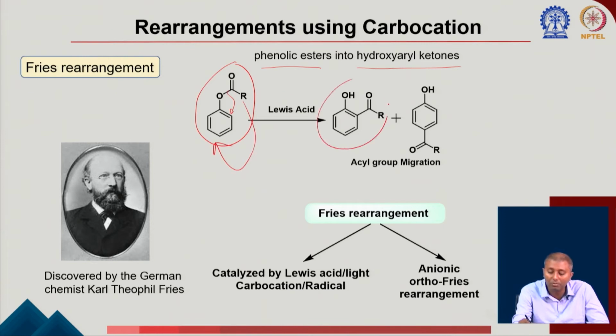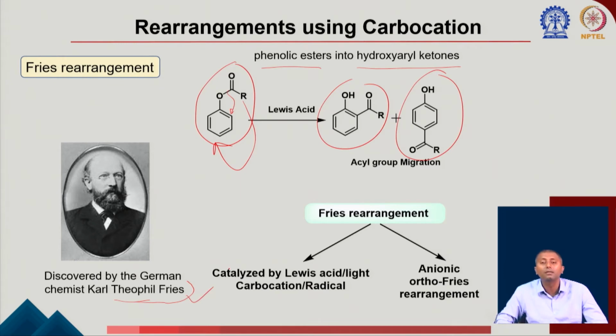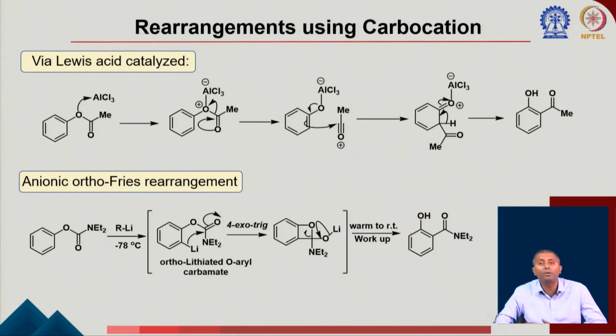So you end up getting this ortho and para product. This was discovered by the German chemist Karl T. Fries. So I am going to talk about the Lewis acid catalyst in the Fries rearrangement, some of the anionic Fries rearrangement, and also the photo-Fries, which involves radical chemistry.